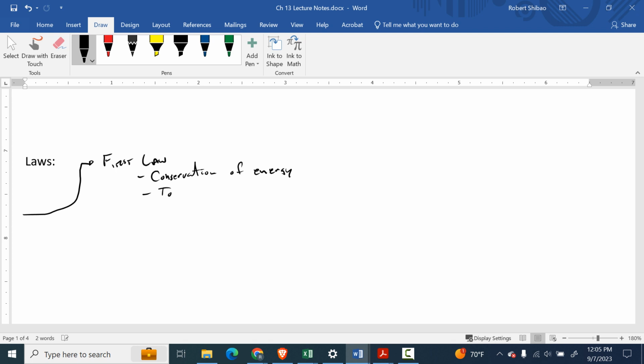Conservation of energy means the total energy of the universe is fixed.